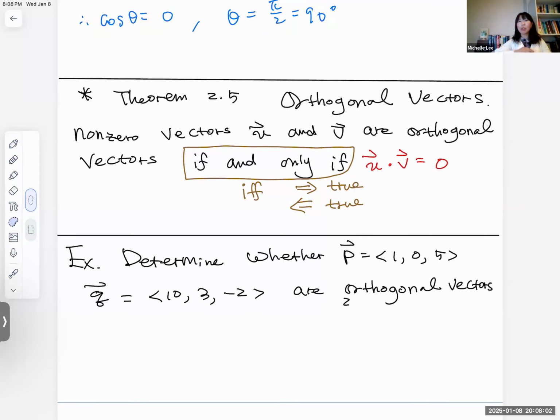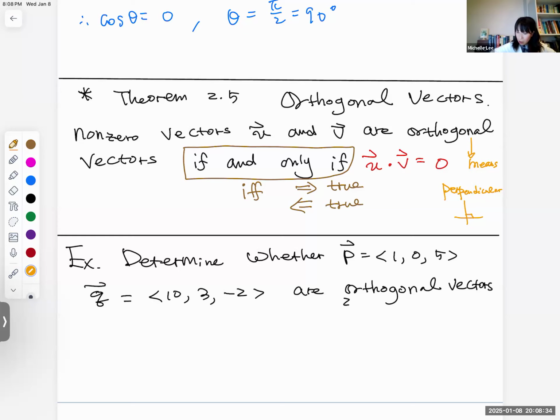Go in the other direction, it also makes a true statement, right? Okay, so orthogonal means perpendicular. Yeah, so that is perpendicular, right?